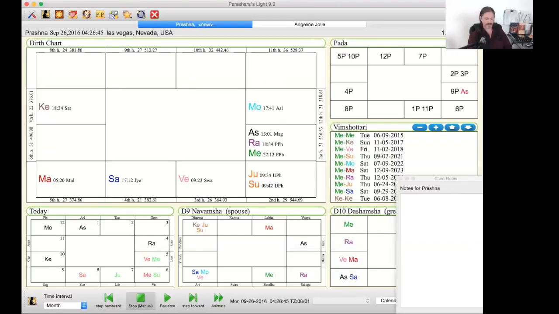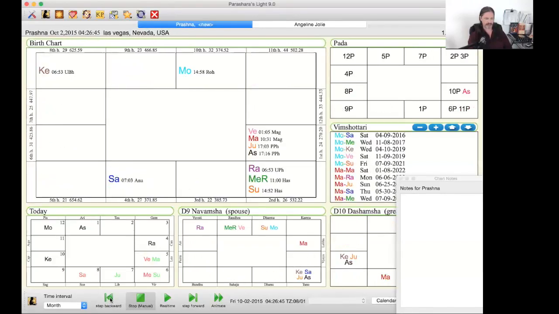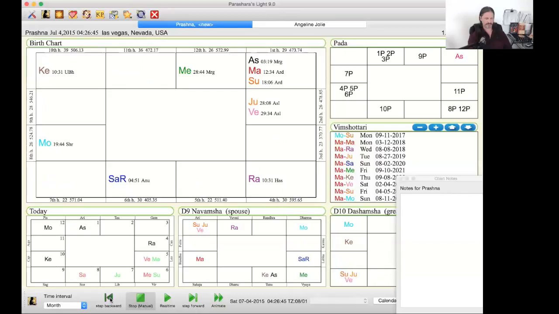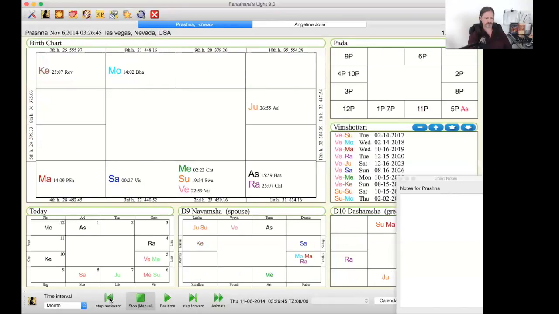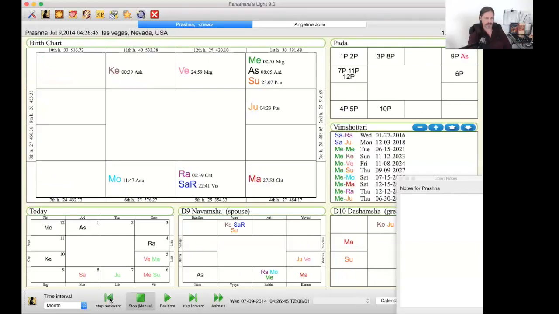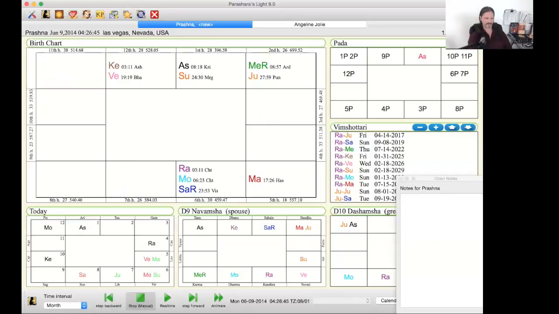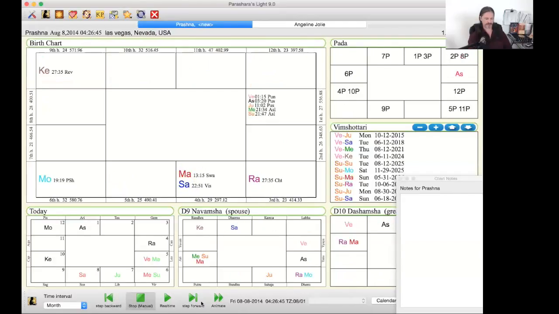So again, you can see even when she started it, it was August 2014, and actually you see that in August 2014, Saturn had gone up right close to the edge, July. So August, Saturn was moving forward. It was right up near the cusp.